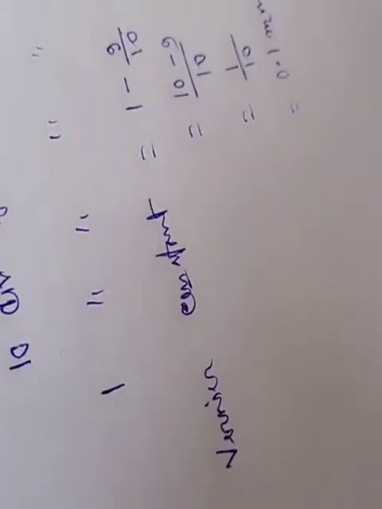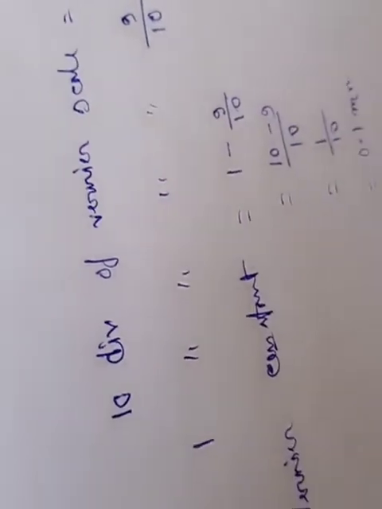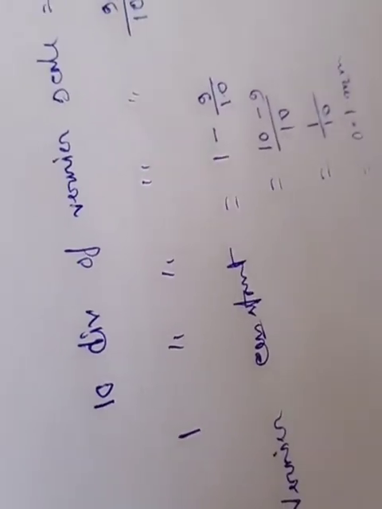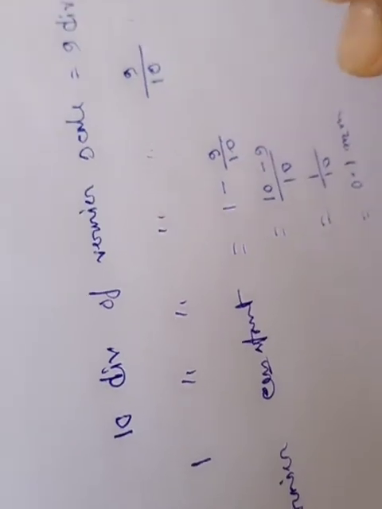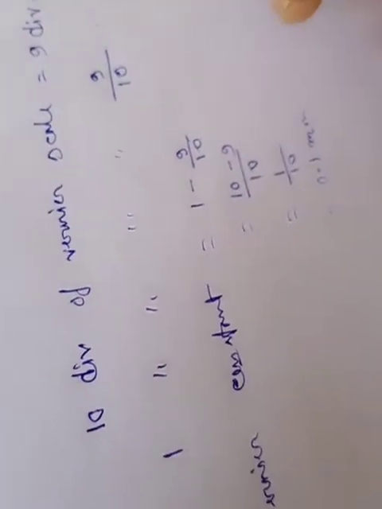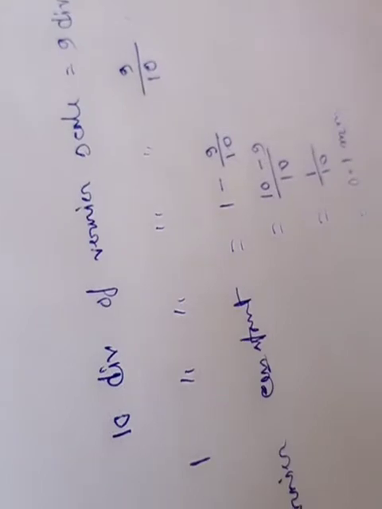So this is the vernier constant. If you convert this, you can express it in centimeters also. Now as we have calculated the vernier constant, we will proceed to the experiment.